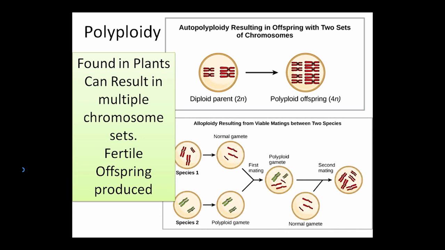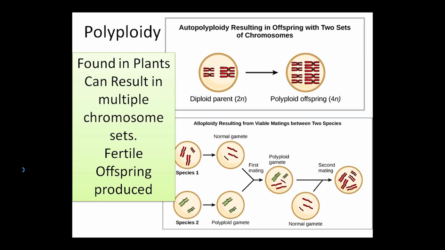Another type of polyploidy is allopolyploidy. So you have species 1 and species 2 with different numbers of chromosomes. You get a normal gamete from one, a polyploid gamete from the other. And the first mating, you're going to get offspring, but it's not quite viable yet. It can self-pollinate, but probably can't yet sexually reproduce with another plant.